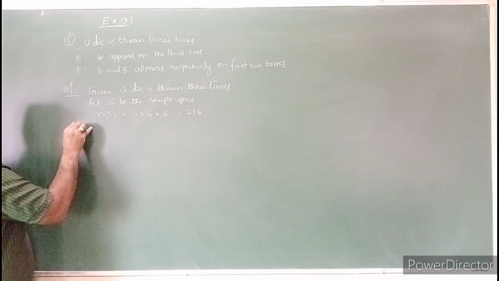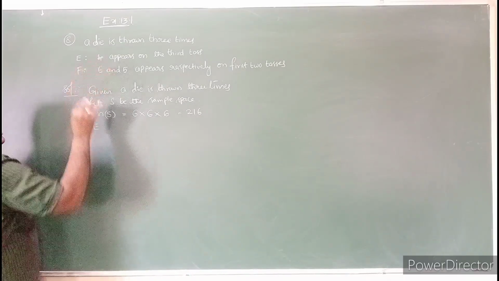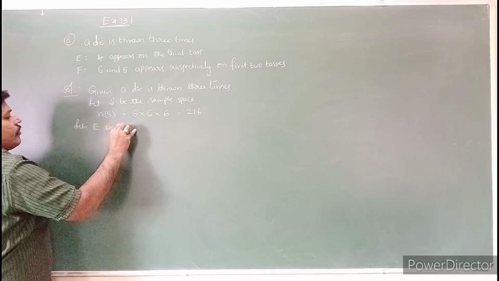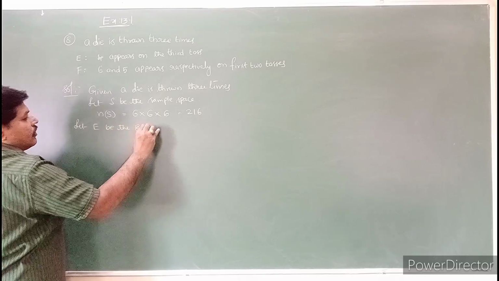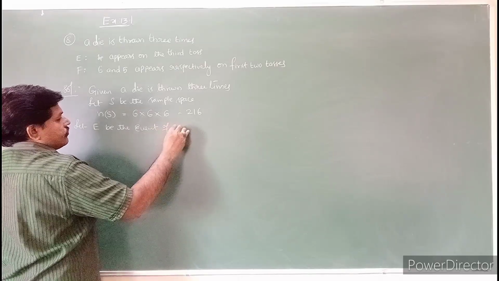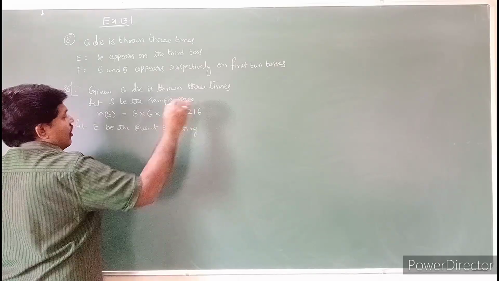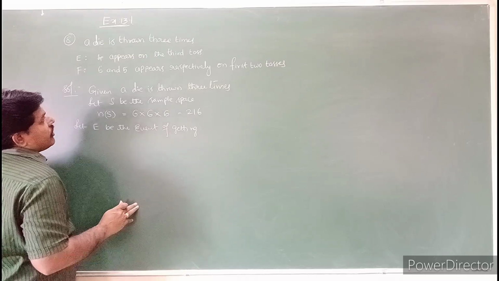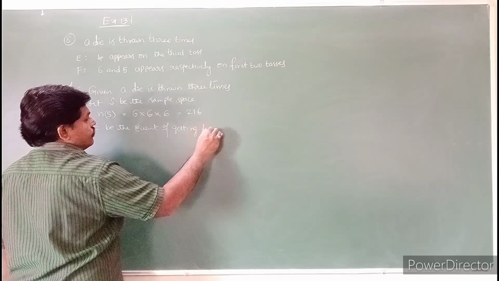So what is E? Let E be the event of getting 4 on the third toss.